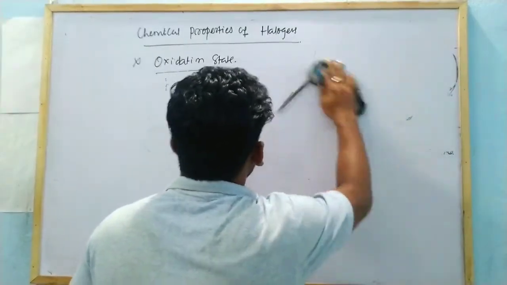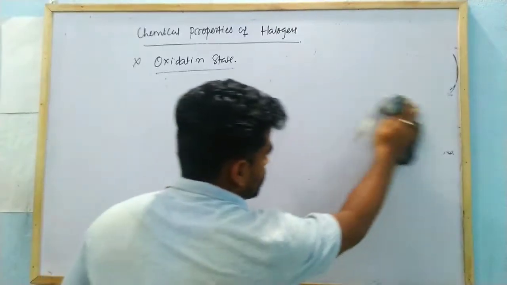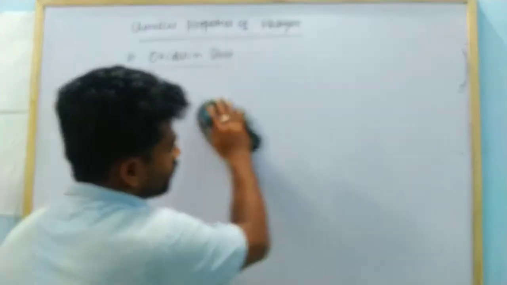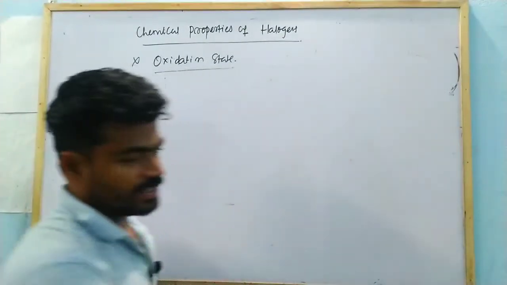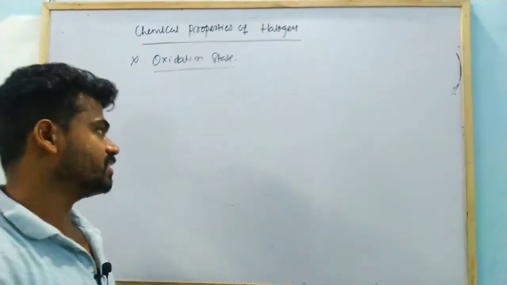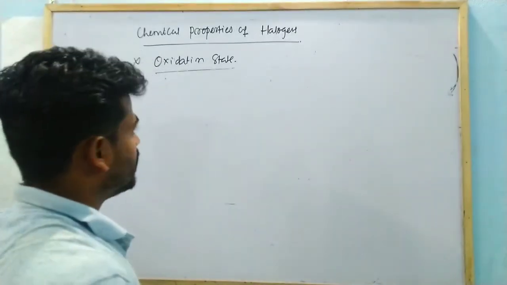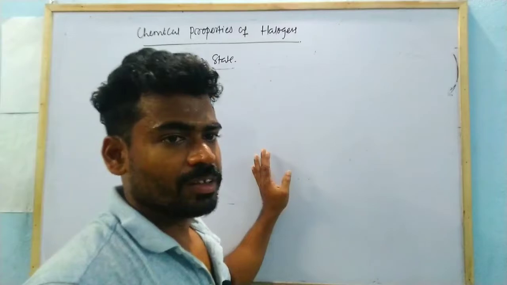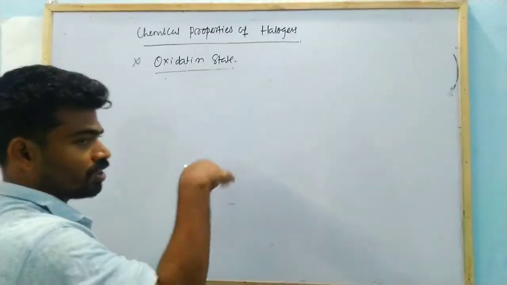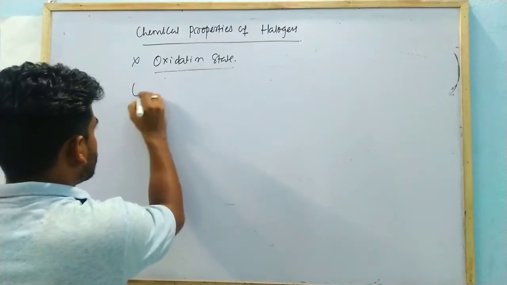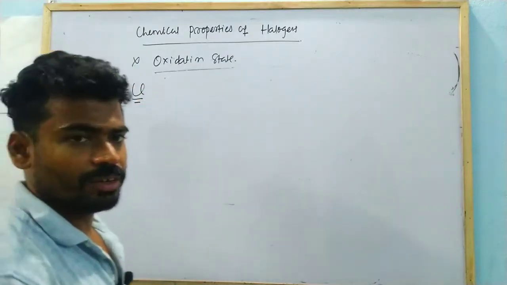Next, except fluorine, the elements from chlorine to iodine exhibit variable oxidation states. Why? That is not the case for fluorine. We'll see. Let us consider a halogen atom other than fluorine, let's say chlorine.